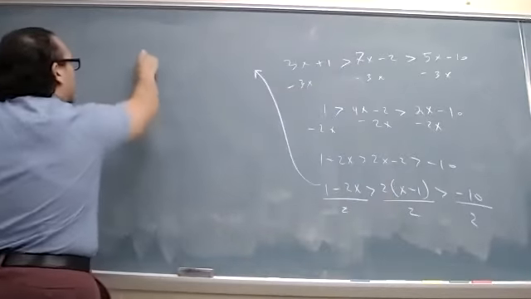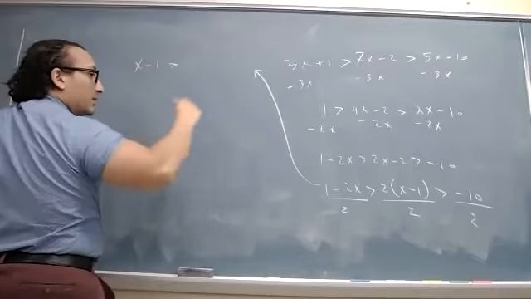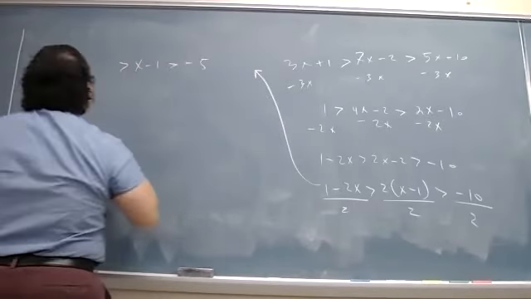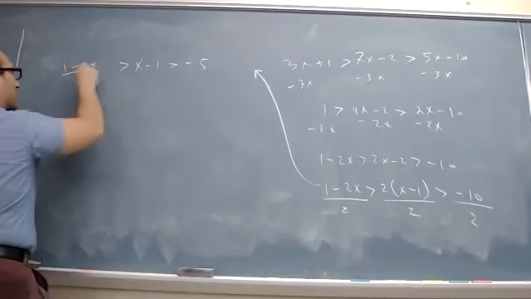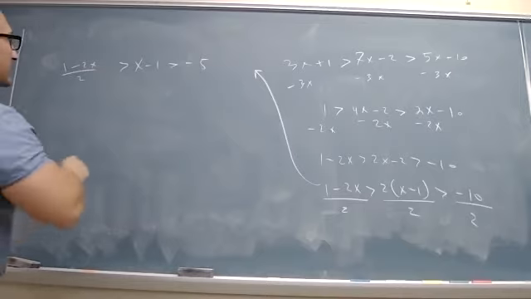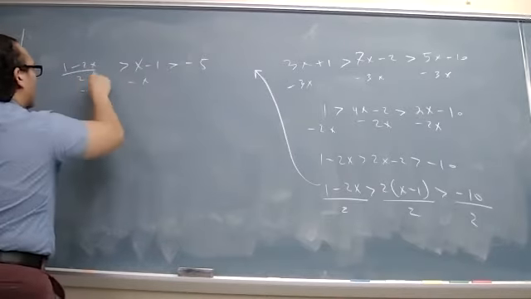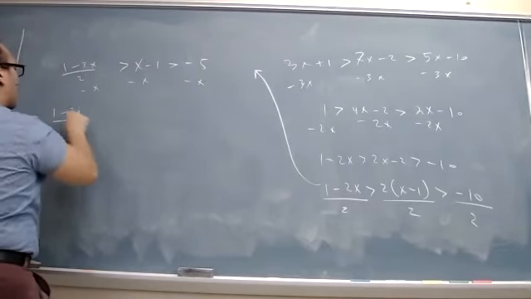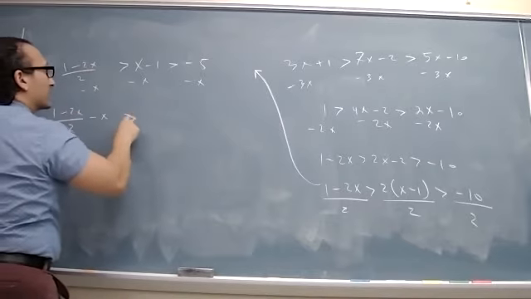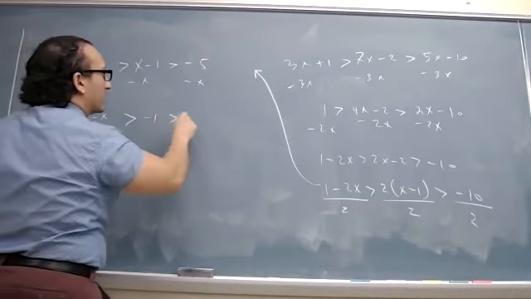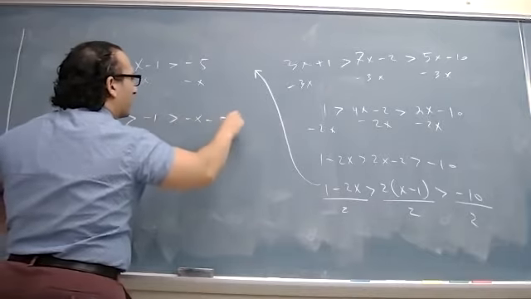The middle piece becomes x minus 1, the far right piece becomes negative 5, and the far left piece becomes 1 minus 2x all over 2. This is great because now I can subtract the x from all of these sides. And I get 1 minus 2x all over 2 minus the x is greater than negative 1, which is greater than negative x minus 5.